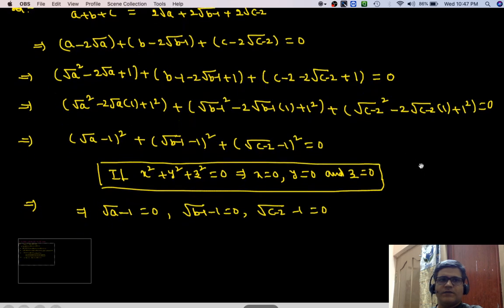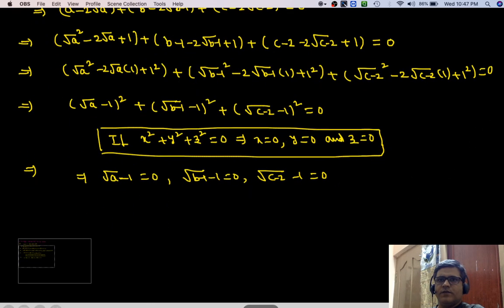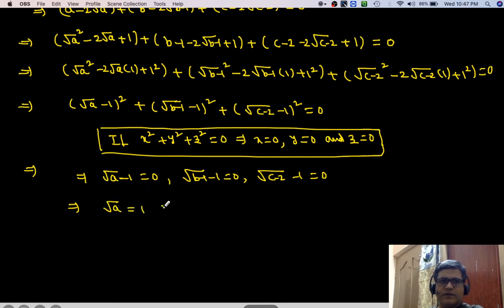That is, if the sum of the squares of three numbers is 0, then each term must be 0 simultaneously. That is, √a − 1 equal to 0, that is √a is equal to 1, √(b−1) − 1 is equal to 0, if you take the 1 to the right-hand side, √(b−1) equal to 1. Similarly, √(c−2) is equal to 1.